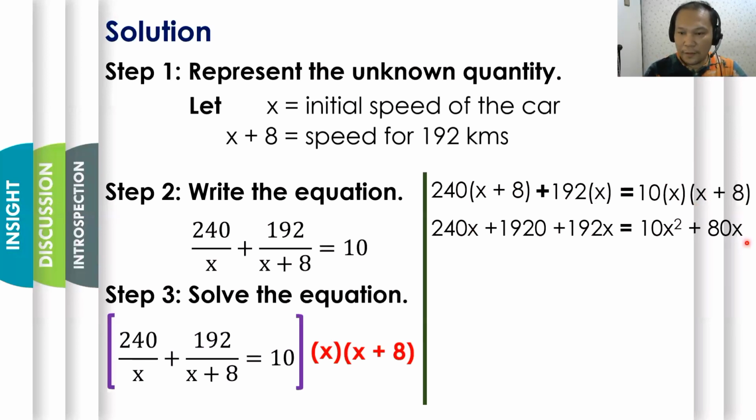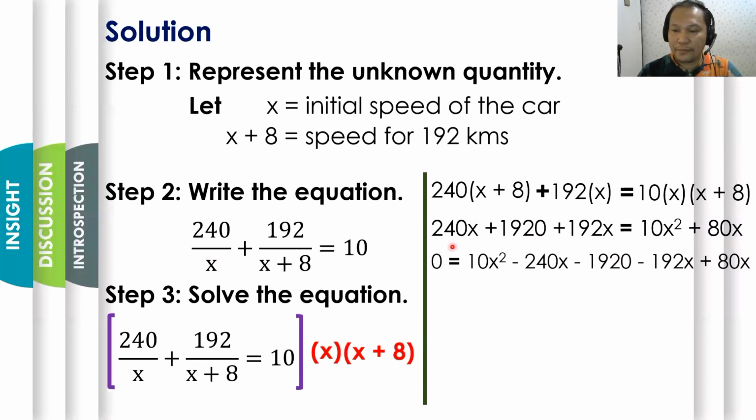Then after that, we are going to transpose our expression from the left side to the right side, making it 0 is equal to 10x squared minus 240x minus 192x plus 80x minus 1,920.